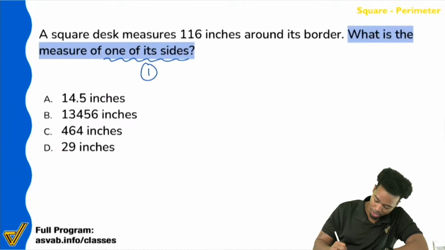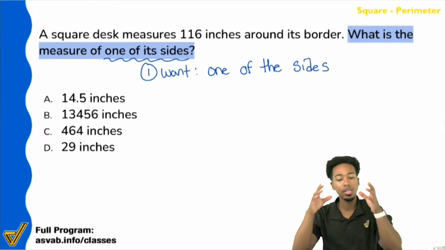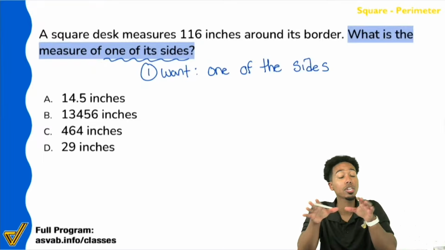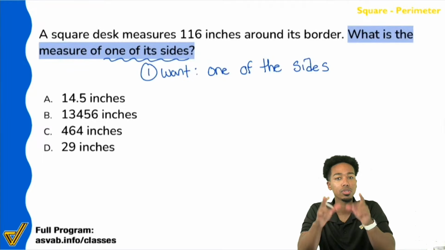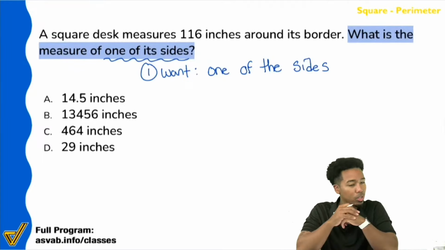So what we want is one of the sides. Everyone, is that true? Even if you said area or perimeter before, do you see now that if we just focus on the question sentence, it says we're looking for one of the sides? Can we agree on that now?